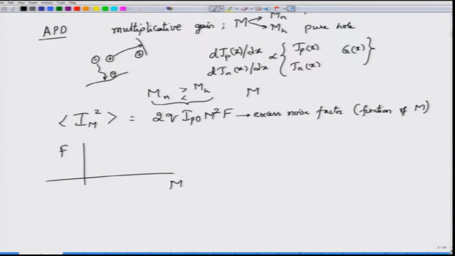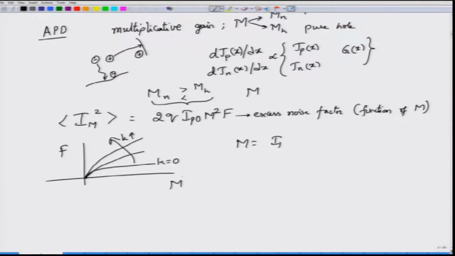There is another parameter called K, which I will define in a minute, but if you change this K, you will see that there is a linear increase. K is a constant which depends on the ionization parameters of the electrons and the holes, and as K increases, the excess noise increases with the increase in multiplication factor. Okay. So, they are related like this.